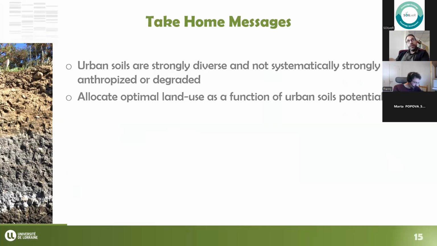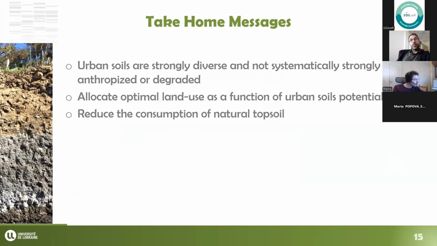Indeed, some of them are degraded, but some of them could be great. By doing that, of course, it is possible to reduce the importation of such a natural resource as topsoil, which, I guess we are all aware, is becoming scarce.